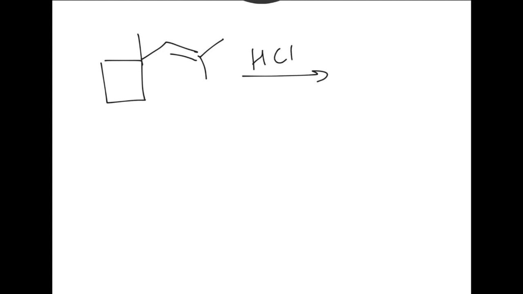If I don't put my carbocation right beside the ring, I can't do a ring expansion. So here, where am I going to put my carbocation? B, right? It's going to go on the most substituted carbon. This carbocation is too far away from the ring to do a ring expansion, so you don't have to worry about it.